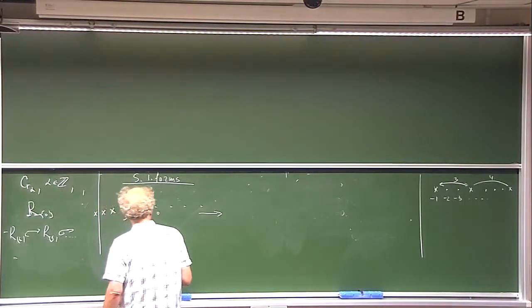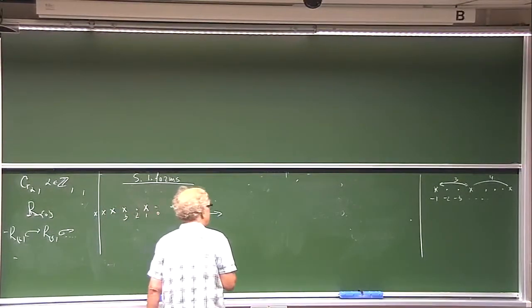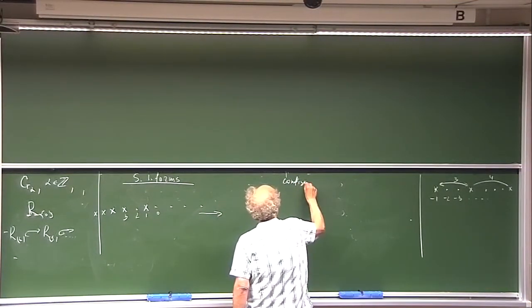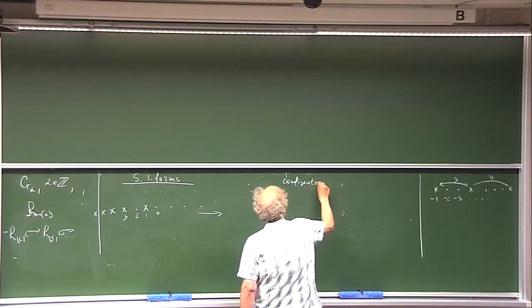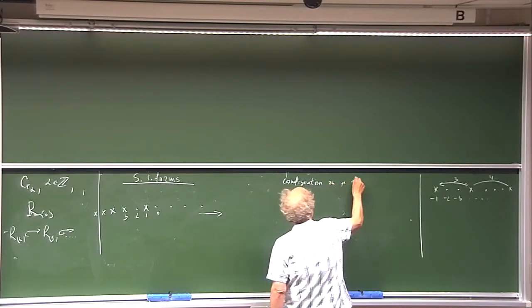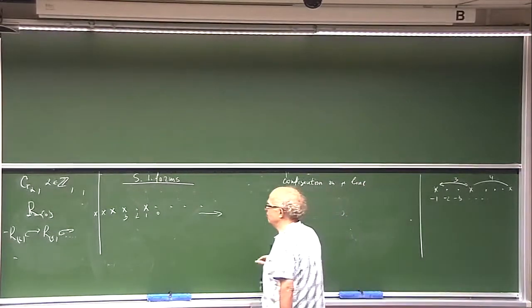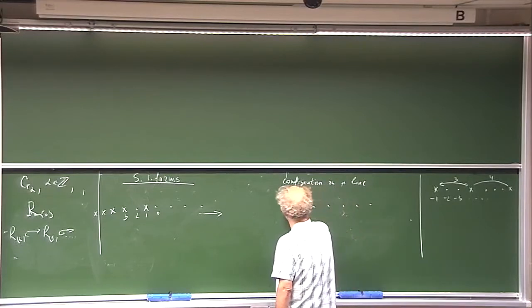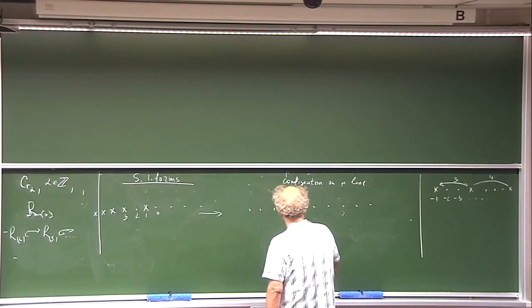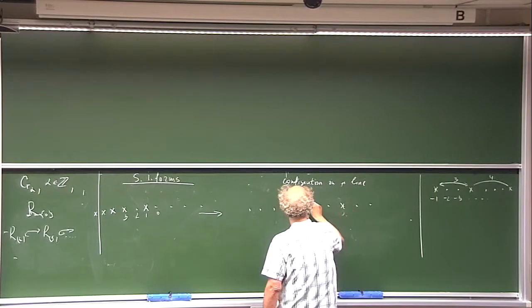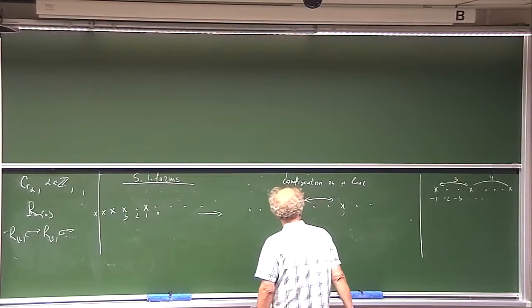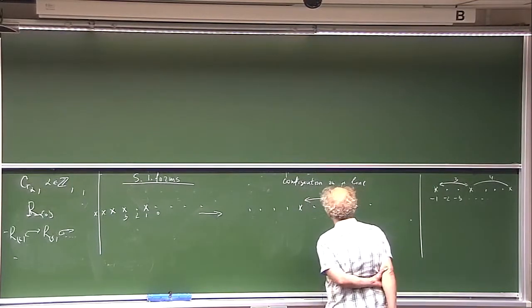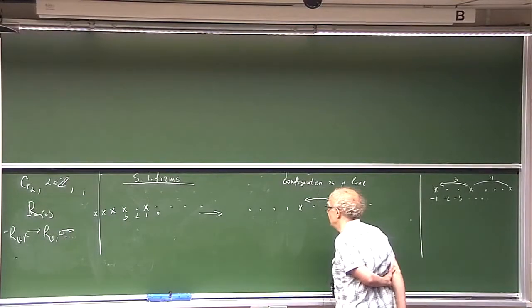Then the similar story is the following. We can consider the space of configurations on a line with similar properties. First of all, crosses can be only at distance 3 or more. Also, in this direction, the configuration is finite.